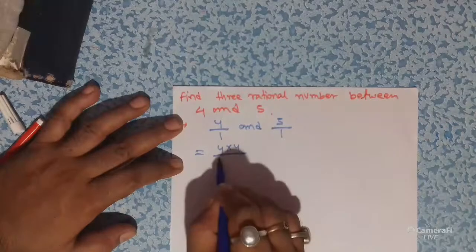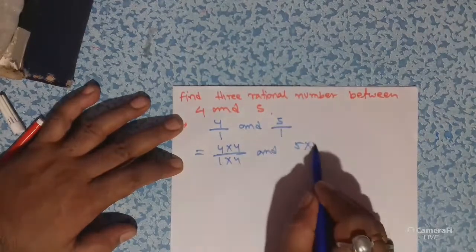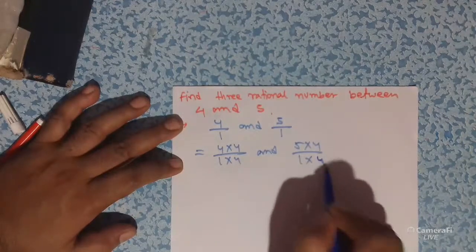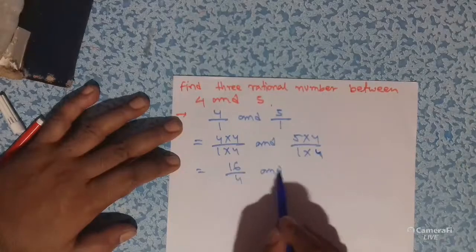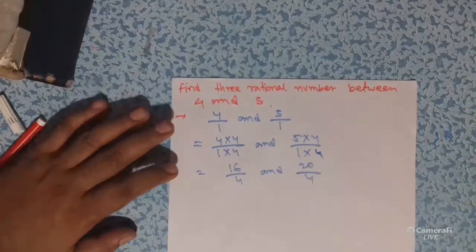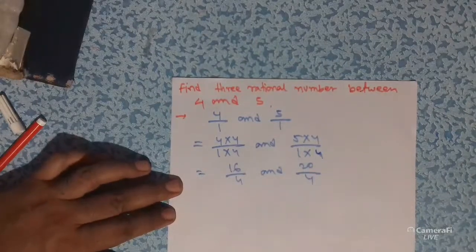So 4 multiply 4 and 5 multiply 4. Now it is 16 by 4 and it is 20 by 4. So here you can see that in between 16 and 20 there are 3 numbers, 17, 18 and 19.